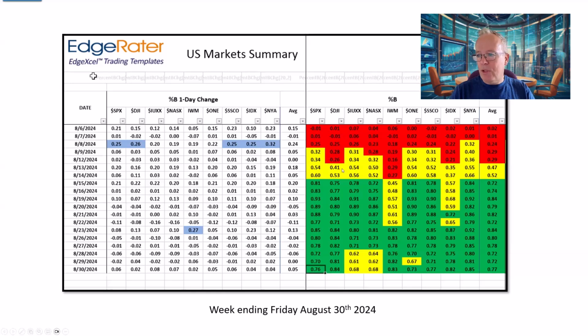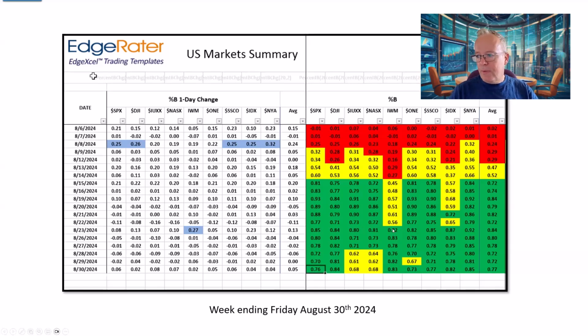We came out of the red into the yellow, and then finally last weekend, the last two holdouts, which were the S&P 400, which is the IDX, and the IWM, which is the Russell 2000, stayed in yellow, and then they finally turned green on that Friday.